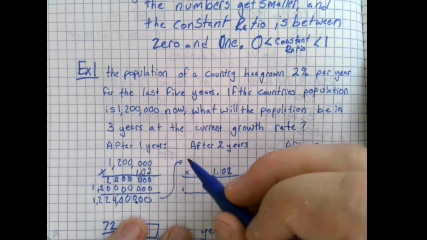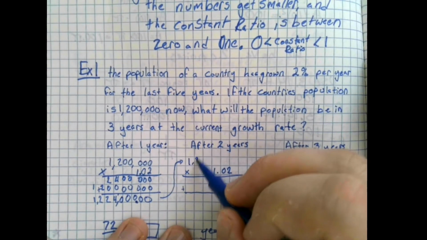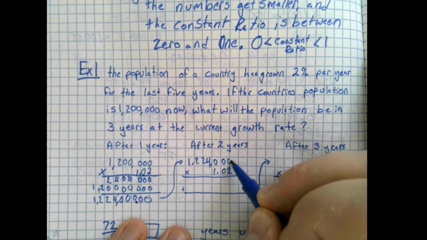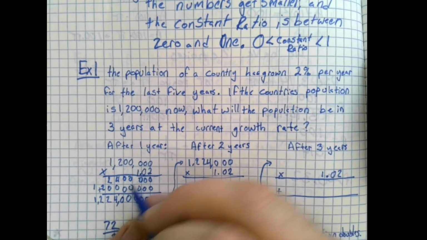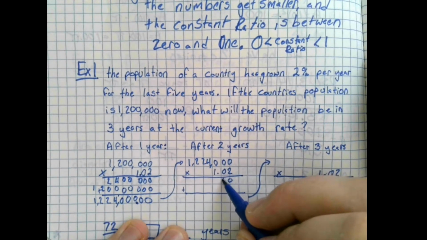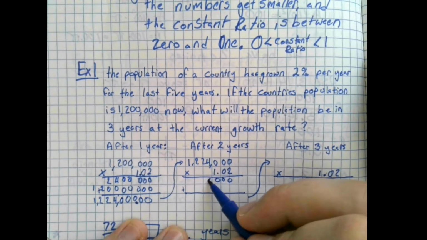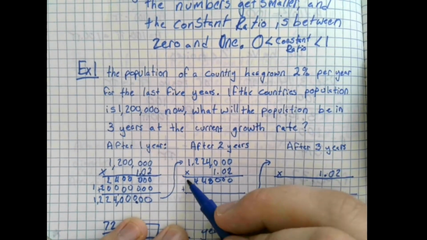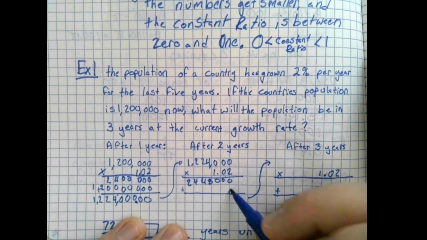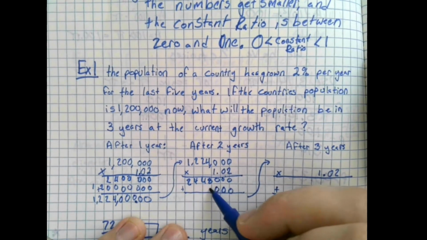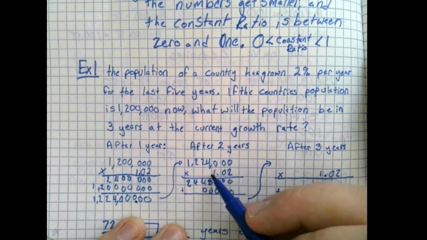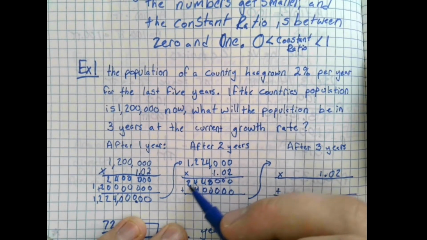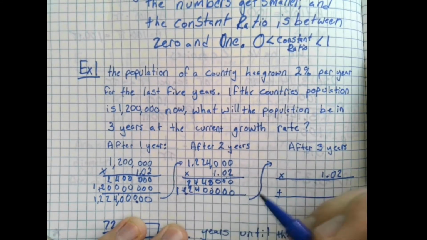That number then goes up here. We're going to have a similar pattern of 0, 0, 0. 2 times 4 is 8, 2 times 2 is 4, 2 times 2 is 4, 2 times 1 is 2. Then 1 times 4 is 4, 1 times 2 is 2, 2, 1.